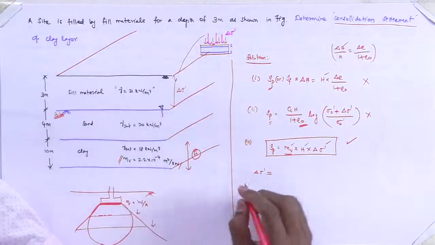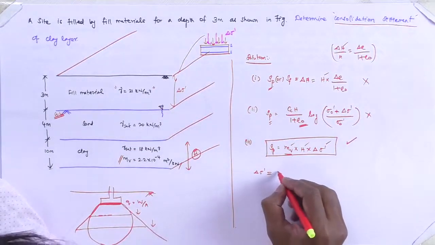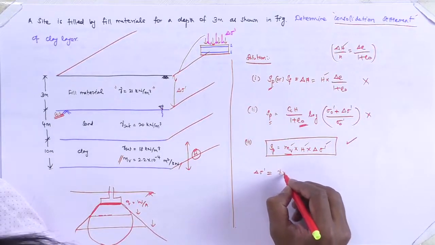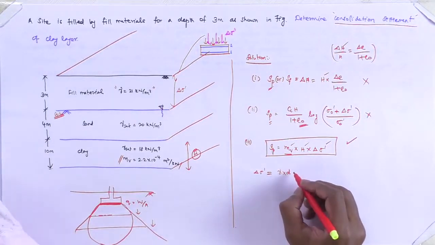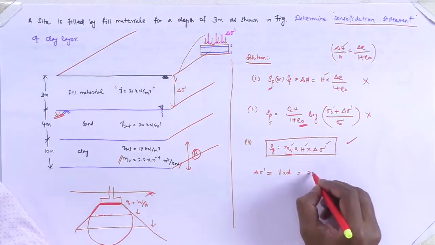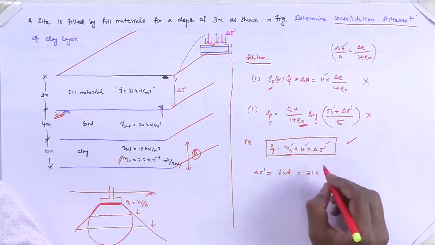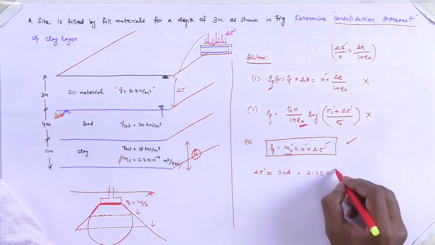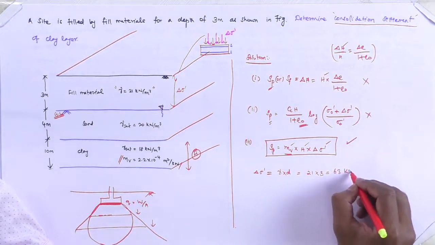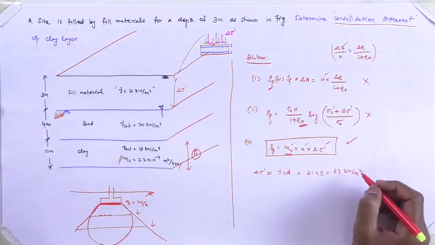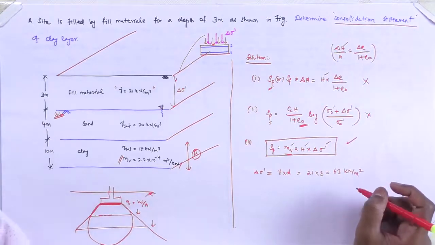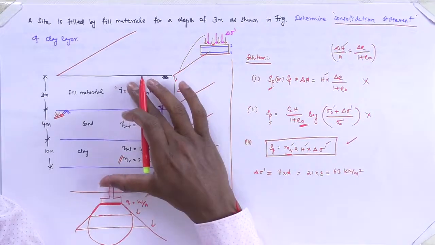So this additional pressure is nothing but gamma into d, gamma is 21 kilonewton, depth it is filled for, so finally we get 63 kilonewton per meter square.